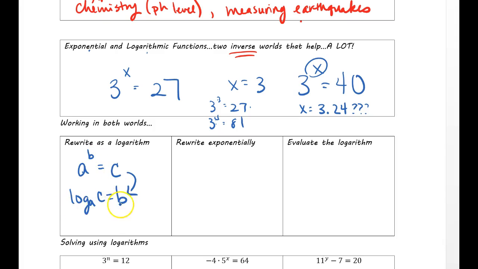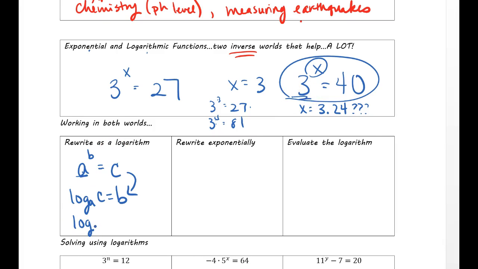Notice there is no longer an exponent. There's a subscript, but there's not an exponent. This is just written on a normal line, and this is written on a normal line. With numbers, what that would mean for the problem we just did is we would be rewriting it as log of, okay, what was the base in this problem?